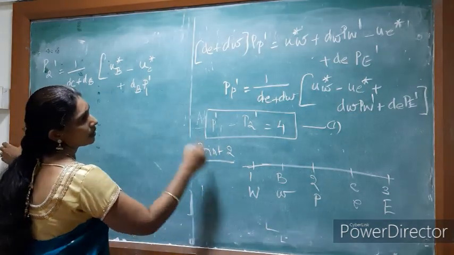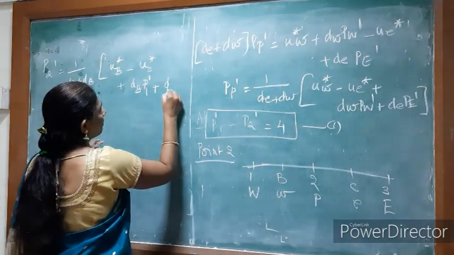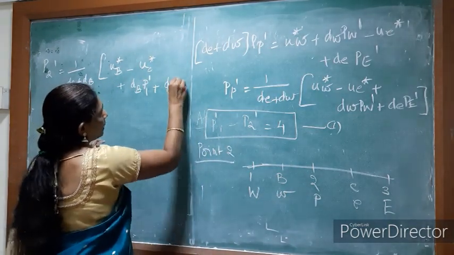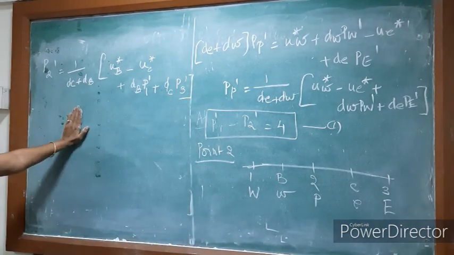This is 1 dash, plus PE. So small e is our C, and P3 dash. So these are our values.